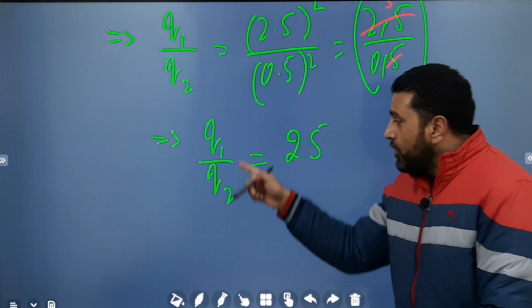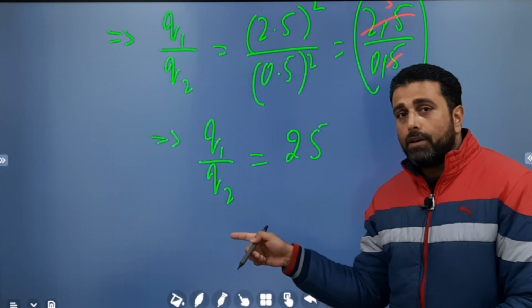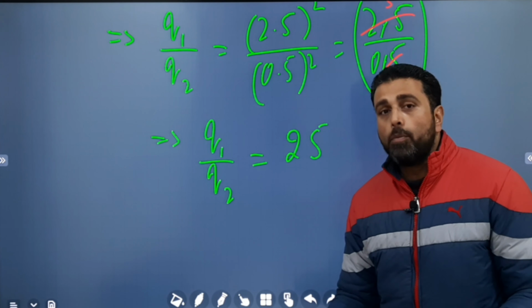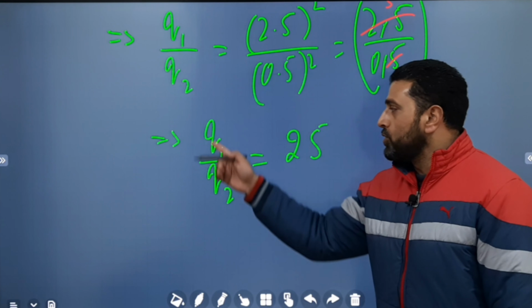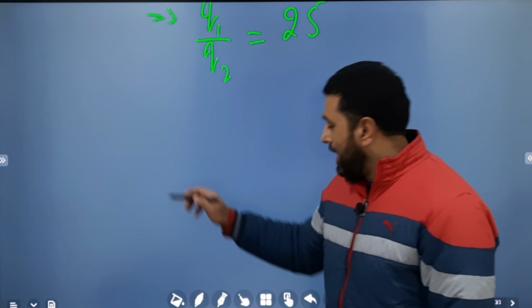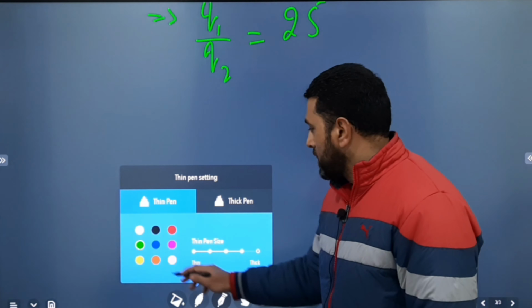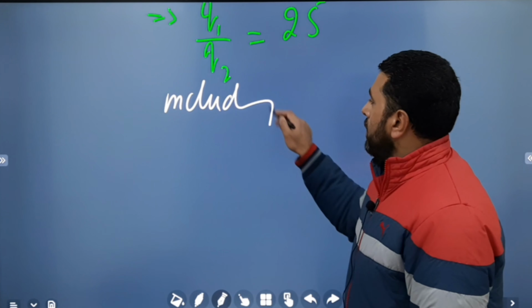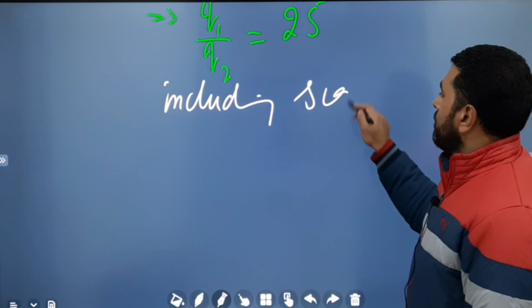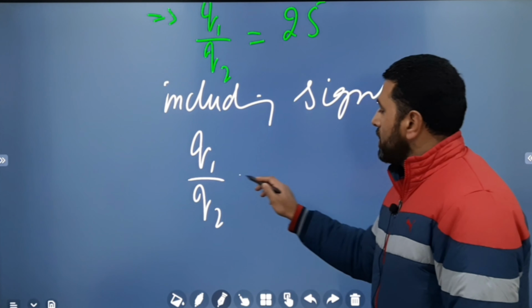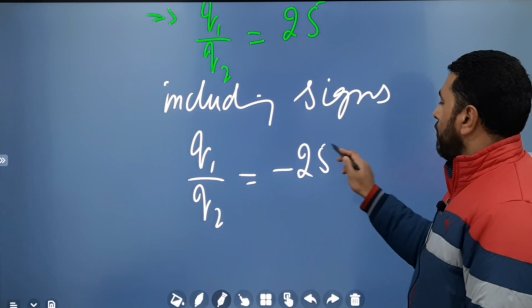But remember, this is the ratio of magnitudes only. Q1 and Q2 have to be unlike, so they must have opposite signs. If they have opposite signs, then the ratio must be negative. So including signs, Q1 by Q2 must be minus 25.